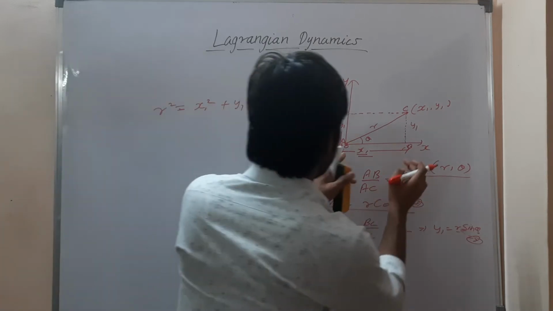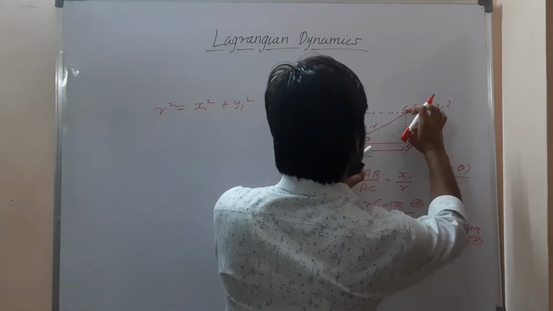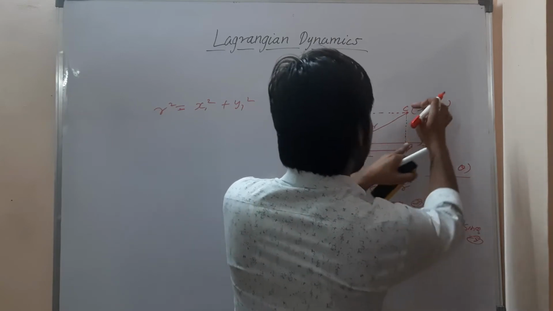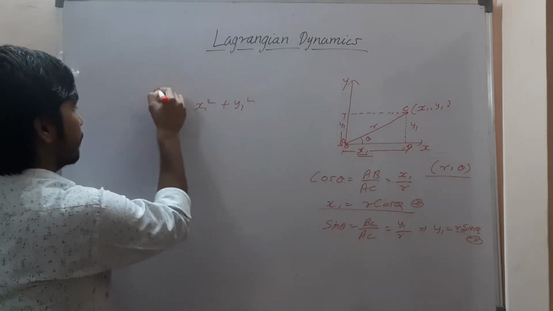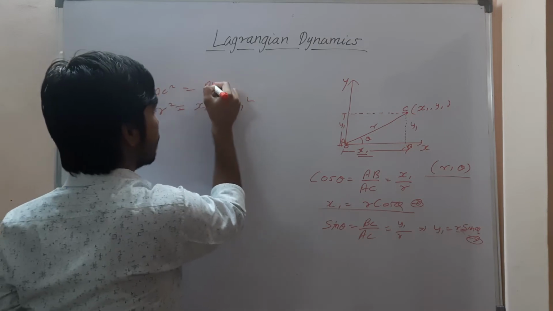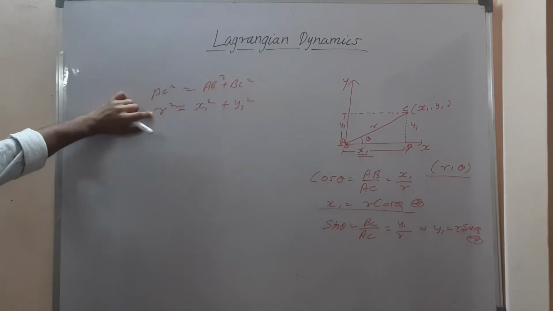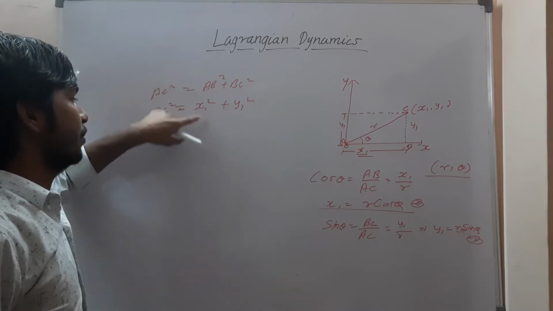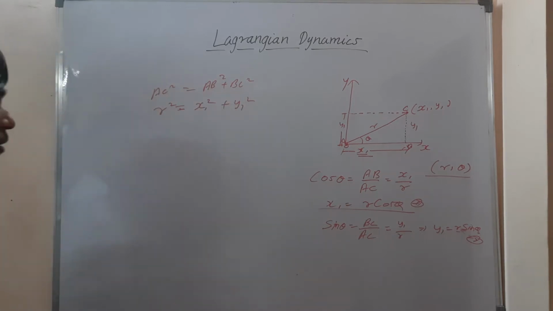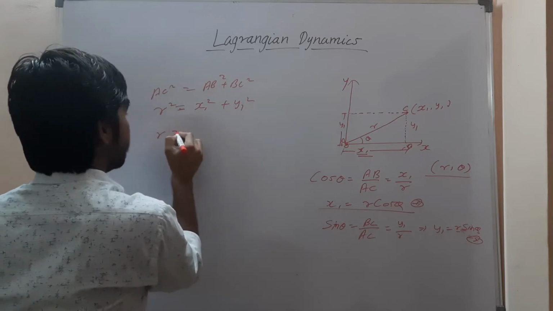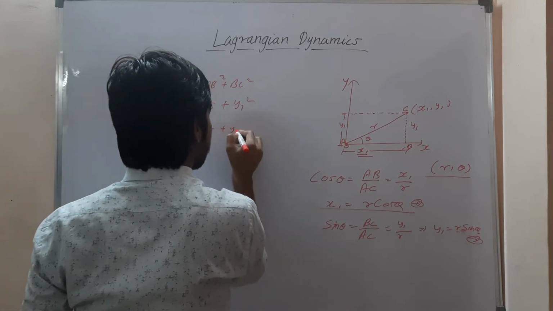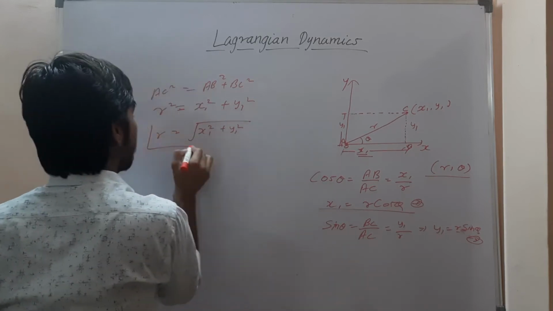This means AC square is equal to AB square plus BC square. So AC is equal to r, AB is equal to x1, and BC is equal to y1. So I can write it like this.